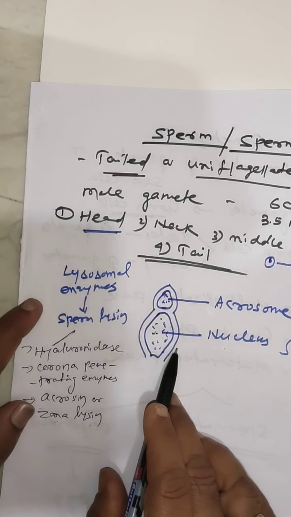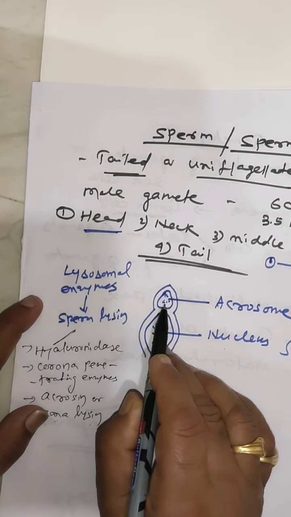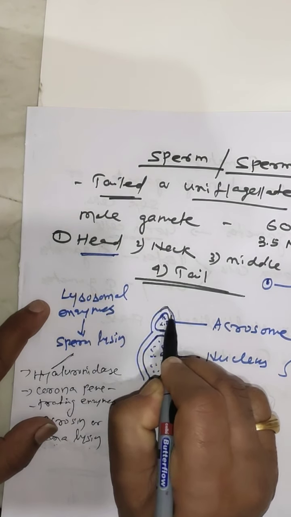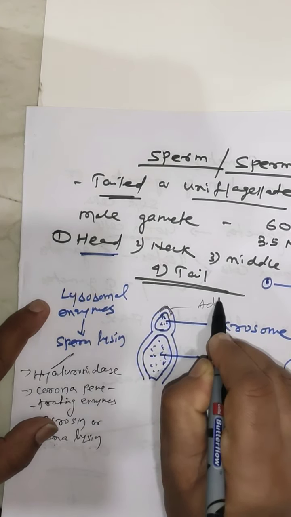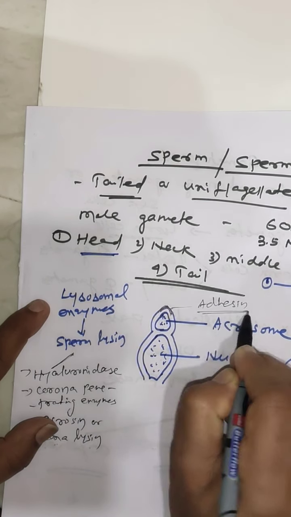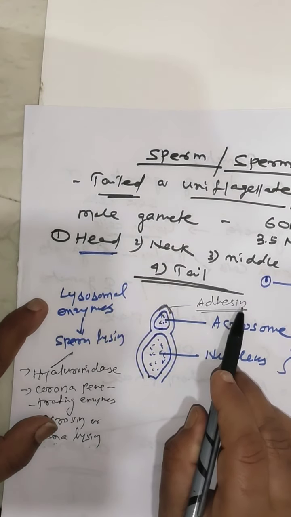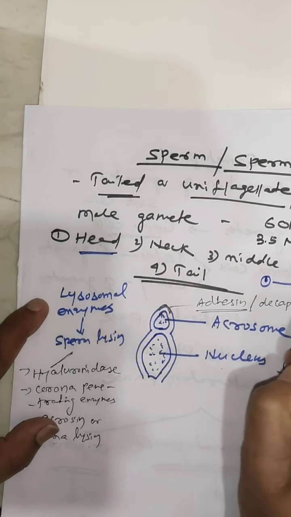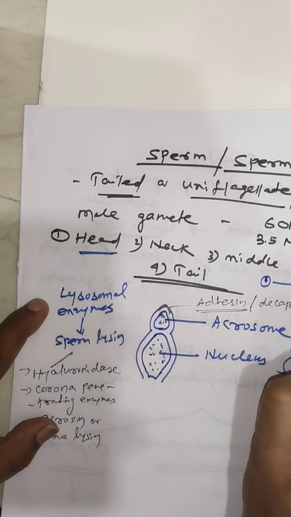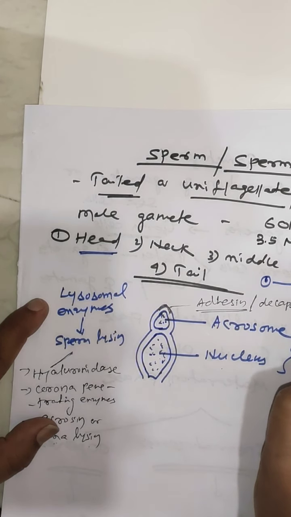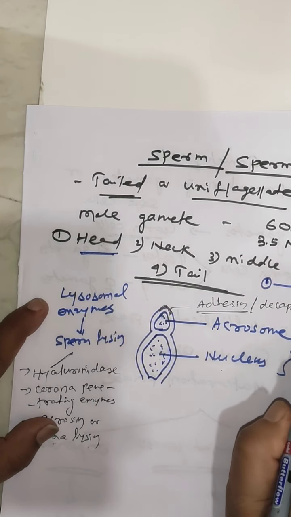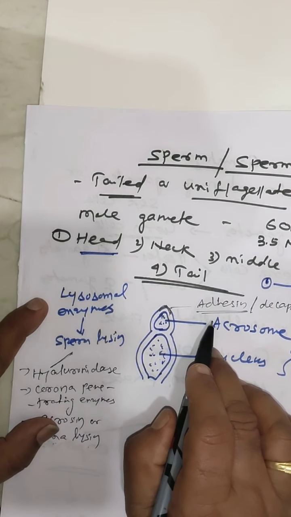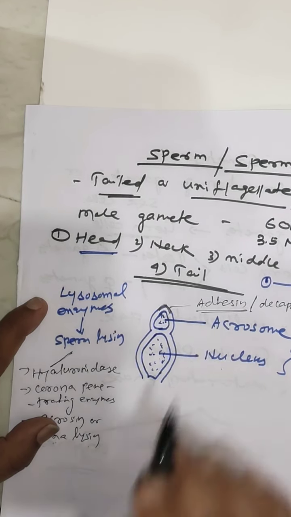The head is covered by a double membrane head cap. The surface of the head contains adhesin or decapacitation factor, which has to be removed before the sperm becomes capable of fertilizing an ovum.